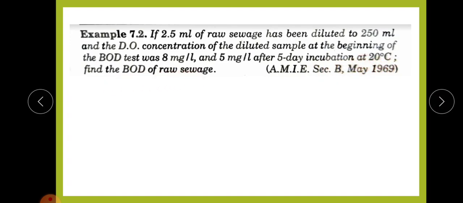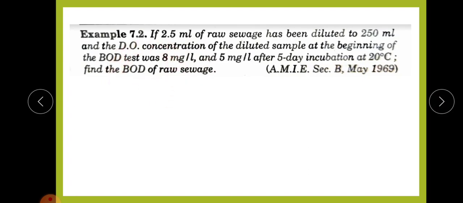It's very simple. Here the BOD test is conducted for a 5-day incubation period at 20 degrees centigrade, and the dissolved oxygen before and after the test is given. By subtracting the final dissolved oxygen from the initial dissolved oxygen, we get the dissolved oxygen consumed during the 5-day incubation period, and multiplying this with the dilution factor we get BOD.